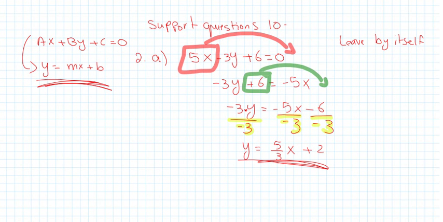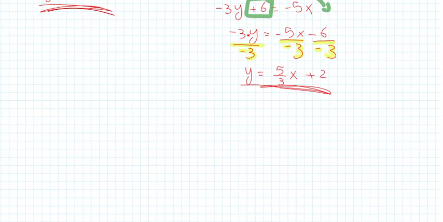So let's do another example together. As I said, you'll probably be doing more of this than the other one. Question C. The question is x minus 2y plus 4 equals 0. Let me remind you that you want to leave it in this format, y by itself.